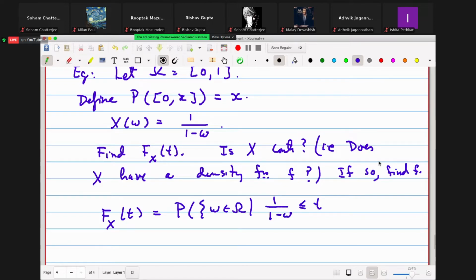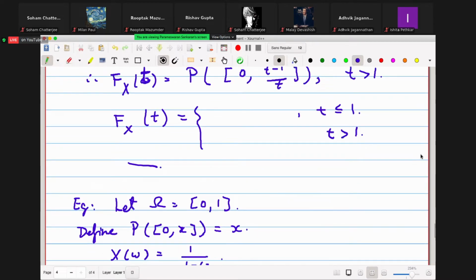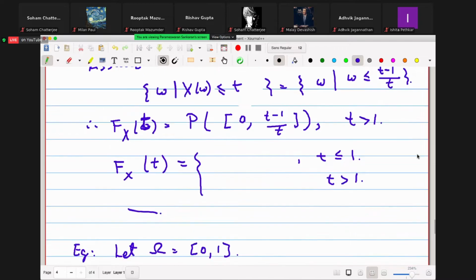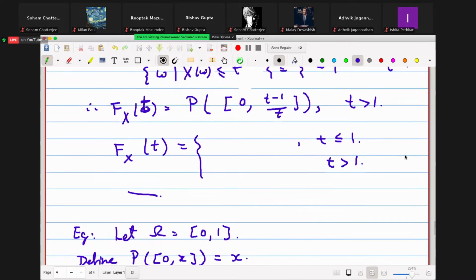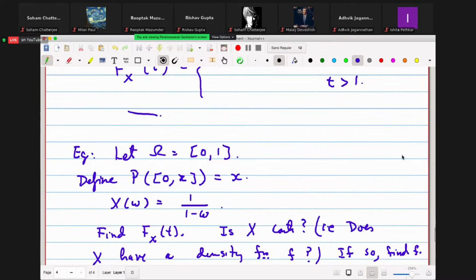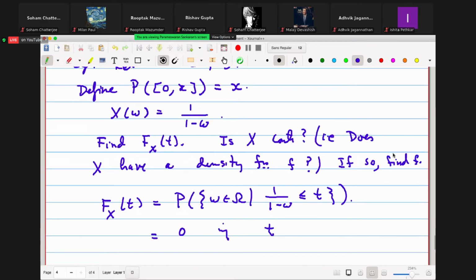Okay. So this is equal to the empty set, so this is 0 if t is, so we already had that here. I could have written that. Okay, let me write one more step just for the sake of completeness and clarity. T minus 1 by t.